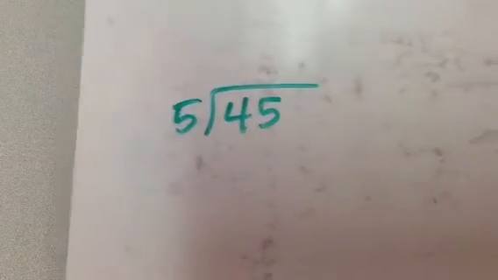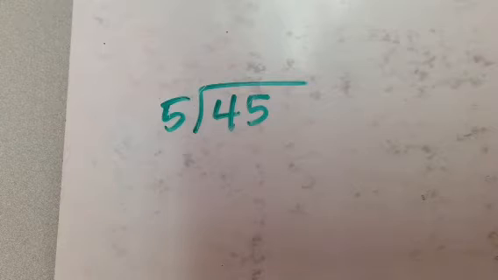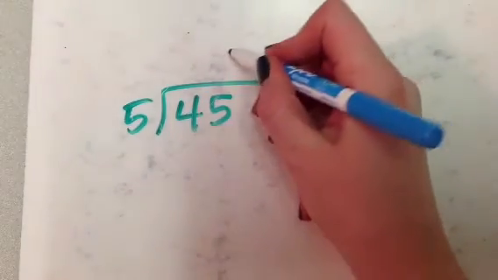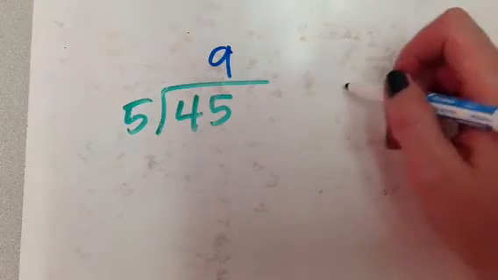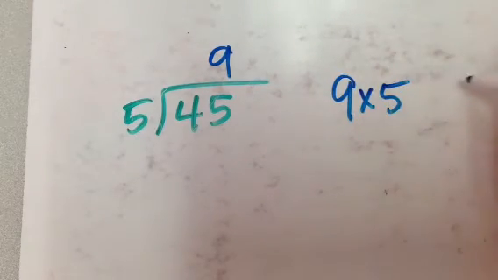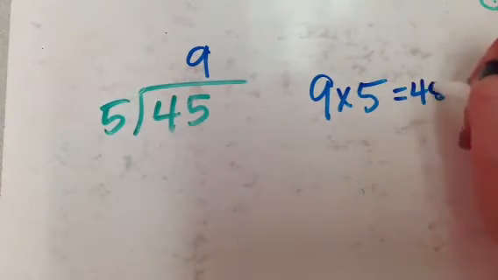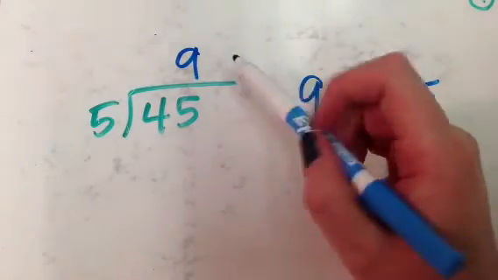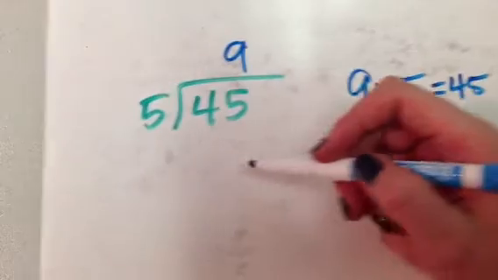Sometimes a division problem is pretty easy. It's basically a multiplication fact rewritten, right? So 5 divided into 45 goes 9 times, and I know that because I know that 9 times 5 is 45. So if I know my multiplication facts, then I can divide really easily.